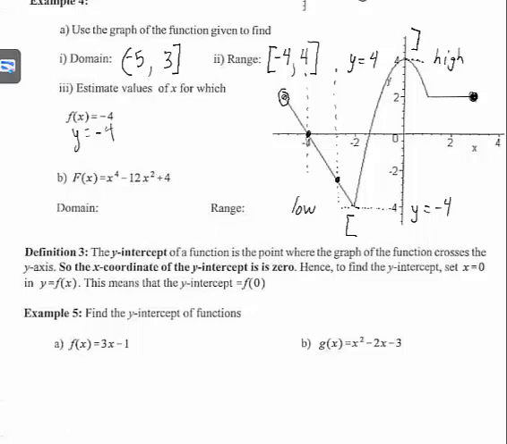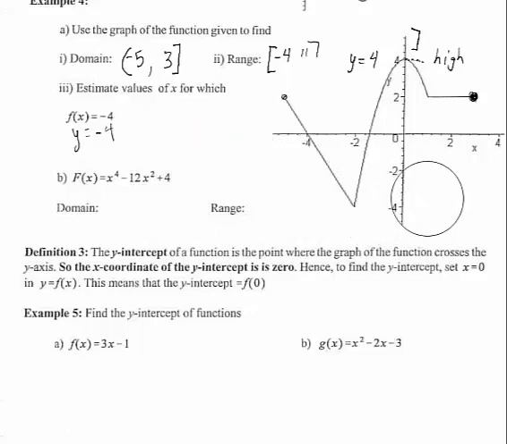So let me remove some of the clutter from my graph. And once again, I go over to my y-axis. I find y equals -4. I draw a horizontal line over to my function f of x, and I would strike the curve right there.